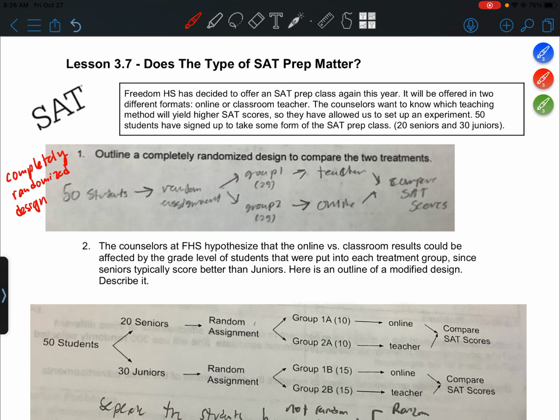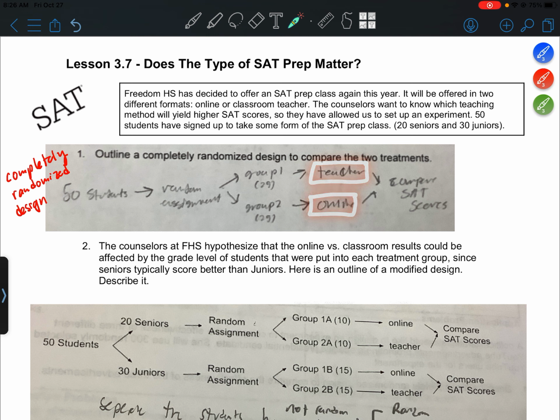All right, so the most important thing in this completely randomized design, actually let's go through it. There's 5 phases, right? We describe who the subjects or experimental units are. Then there's a phase that involves some sort of random assignment. There's the formation of multiple groups, in this case just 2. There's the assignment of treatments.